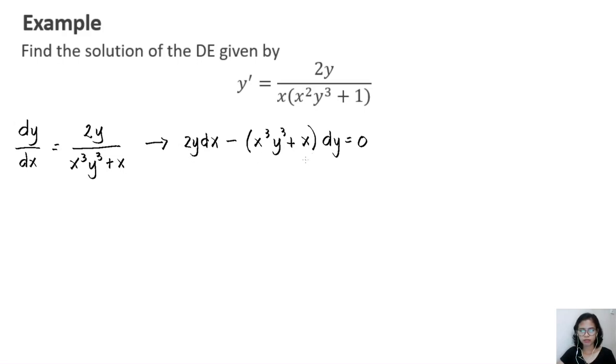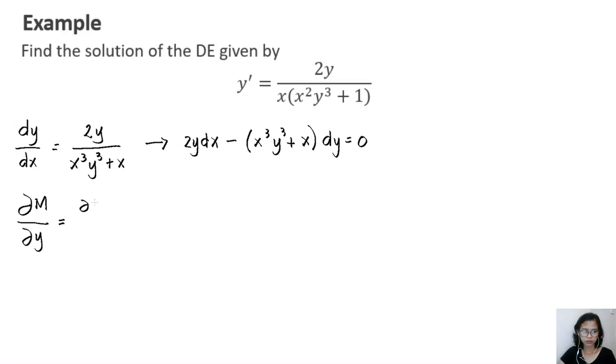Now to test if this is exact, what do we do? Solve for the partial derivative of M. If this is dx, then my partial derivative would be with respect to y. So that's how I remember it. That is dx, differentiate that with respect to y, and then if it is exact, then integrate it with respect to x.